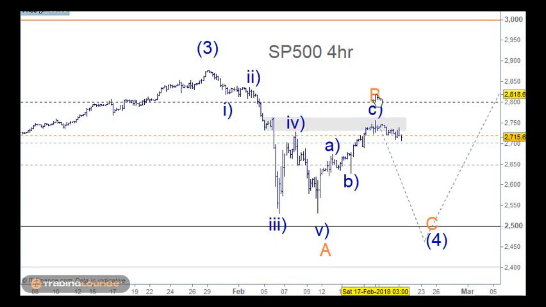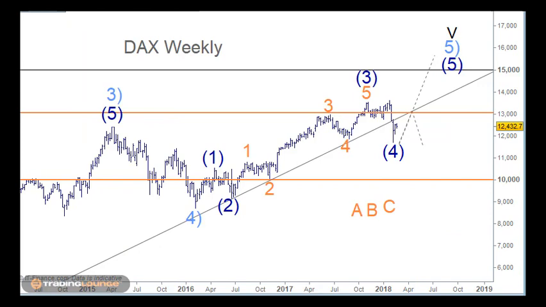Currently we're looking at the situation like this, but let's just say that the 2700 here becomes the retested resistance for the S&P 500, then that will help confirm that we actually are moving down. And if we are moving down, then we would also expect this market to follow.